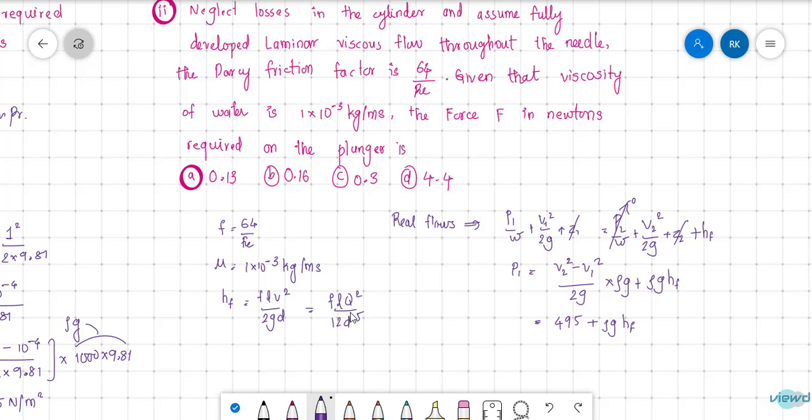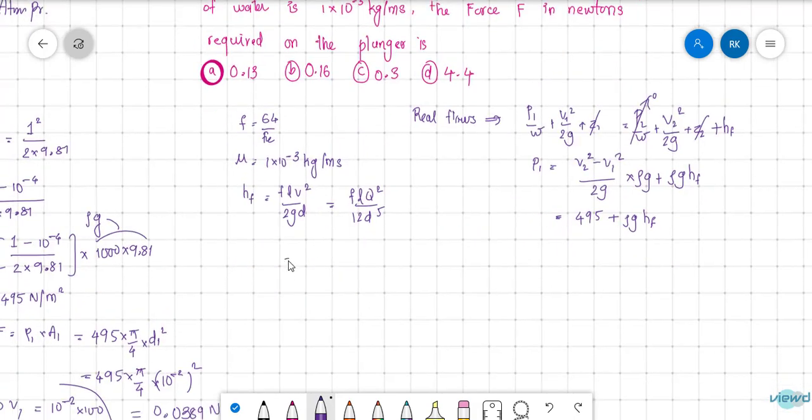So I am applying this discharge one. First we need to find F. F is equal to 64 by Reynolds number. That will be 64 by rho V D by mu. So mu will go upside, and now 64 into viscosity, 10 power minus 3, divided by density, 1000, into the velocity in the needle.